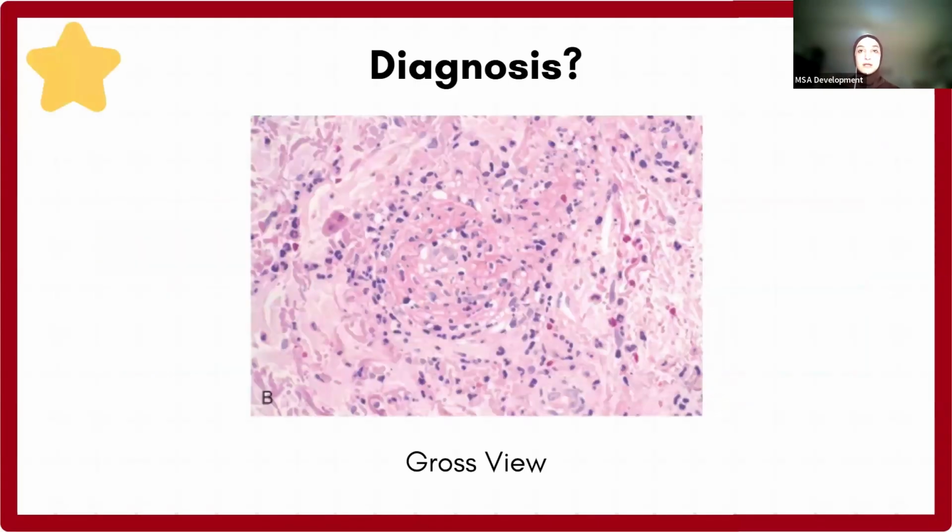And next up, we have, very easy, leukocytoclastic vasculitis. What you can see under a microscope is that it has fragmented neutrophils.